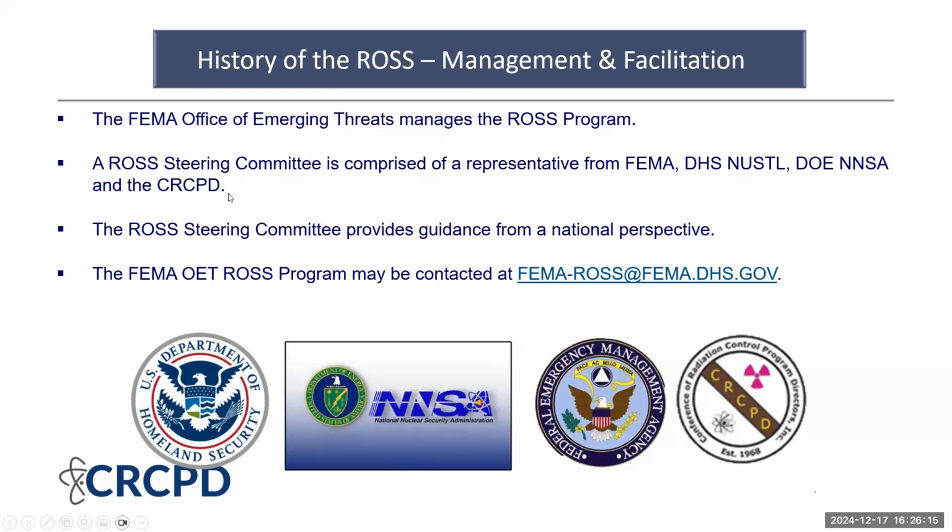The ROS steering committee makes sure that the national goals are met, and the members are the EHS, which really provides most of the funding, and DOE, which provides a lot of the experience, the exercises that we go to, Silent Thunder, Cobalt Magnet, a lot of that is funded by the Department of Energy. And then, of course, FEMA managing and CRCPD managing from the federal and state levels, respectively.